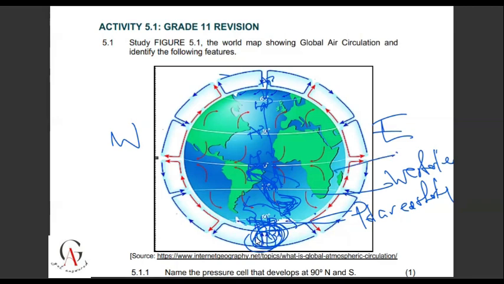This is the belt of the winds we call the trade winds or the tropical easterlies. They're in the tropical region. Those are our typical planetary winds on a global scale.